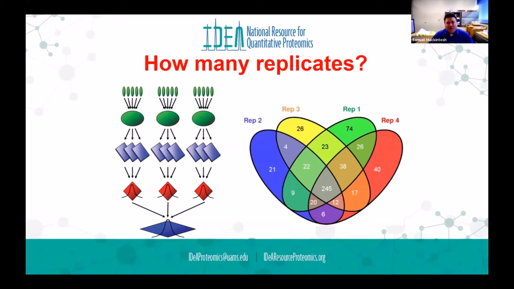Another common and very important question is how many replicates you need to incorporate into the experimental design. If you ask a bioinformaticist, the answer is more. So 5 is the new 3 and 7 is going to be the new 5. But the absolute minimum for any type of real statistical and quantitative analysis is 3. So you always want to have a minimum of 3 biological replicates.